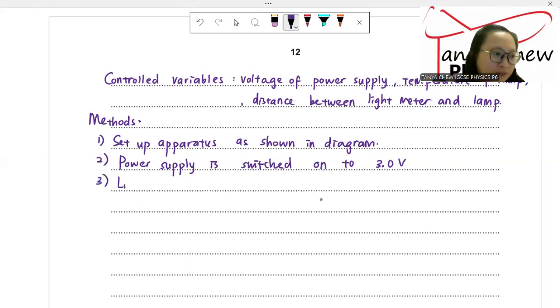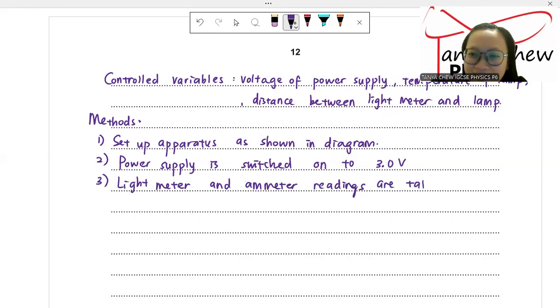And okay, after that, light meter and ammeter readings are taken. Then after that, don't just take the reading. What is the function of the variable resistor?